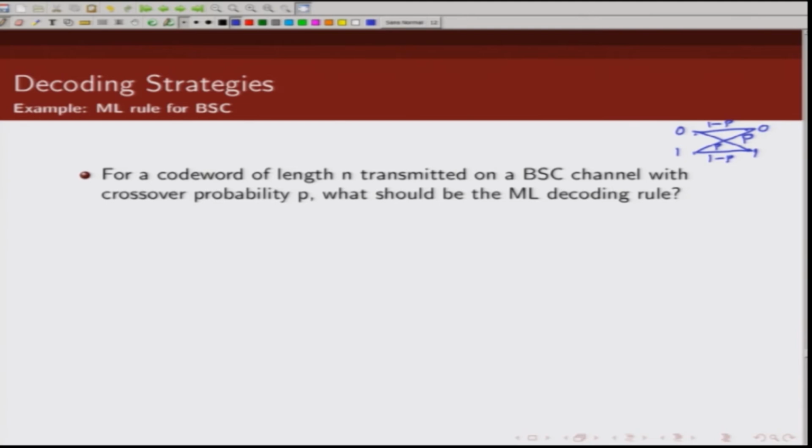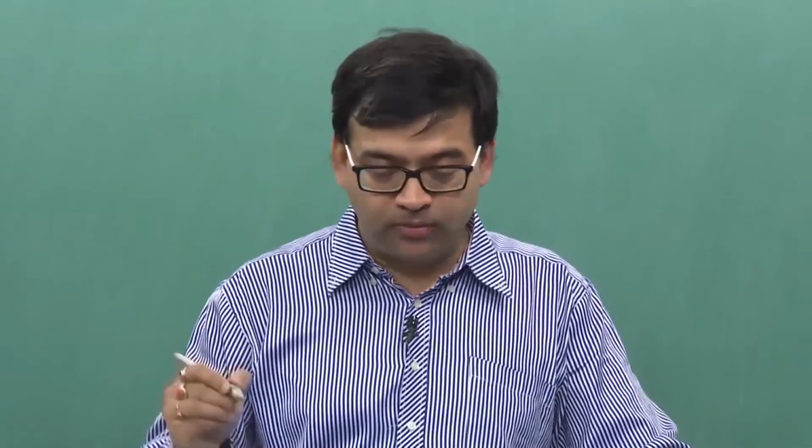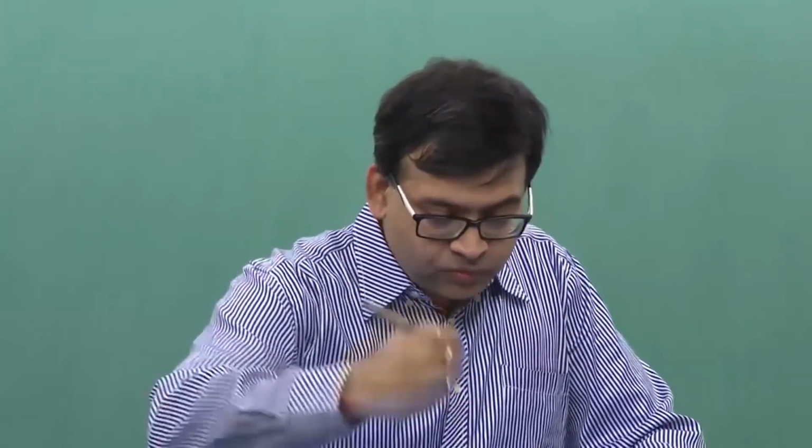So, the question I am asking is, if a code word of length n is transmitted over a binary symmetric channel whose crossover probability is p, what should be my maximum likelihood decoding rule? How do I solve it?